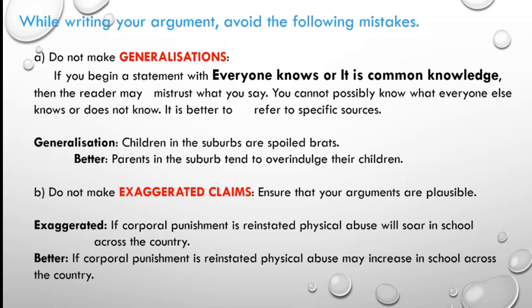But when you say may, academic writing would often use this modal verb, may increase in schools across the country, instead of will or shall. Avoid those in academic writing unless there is a need.